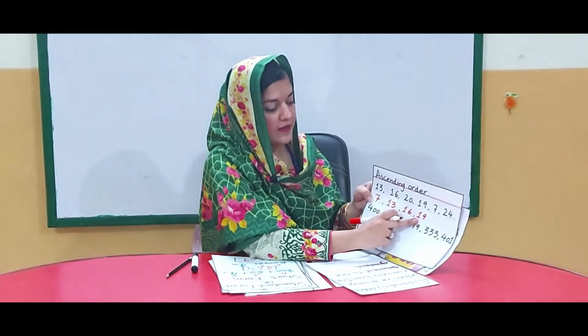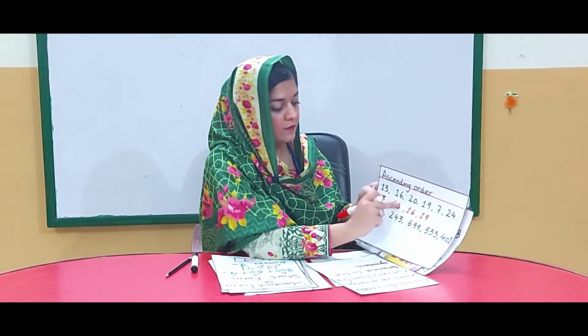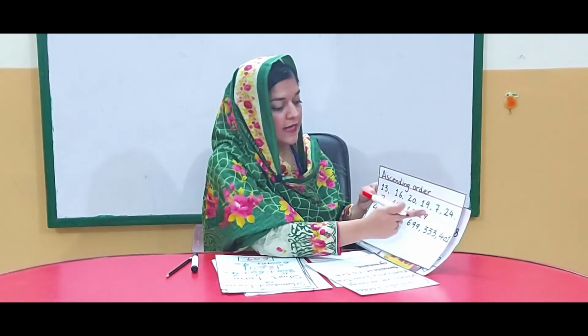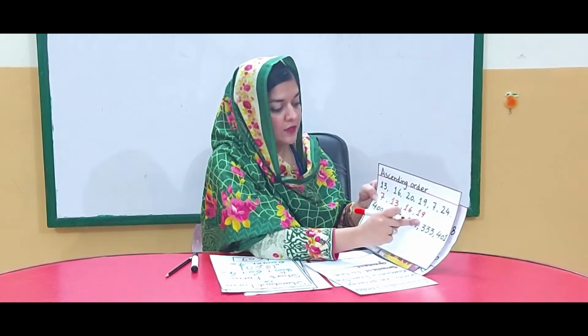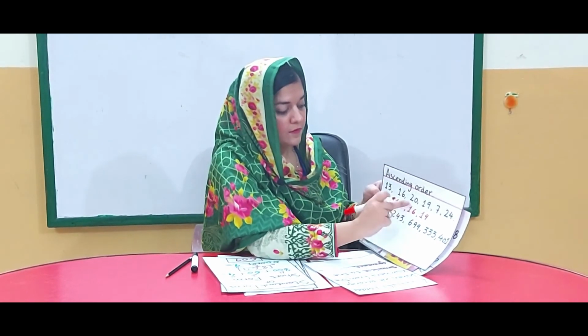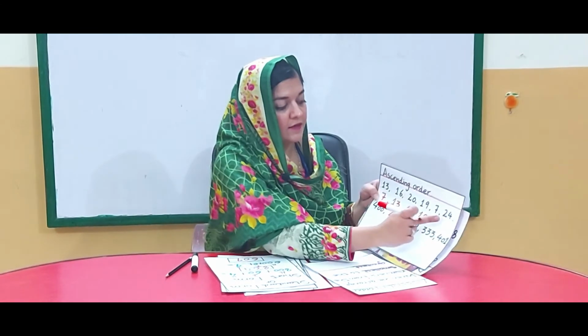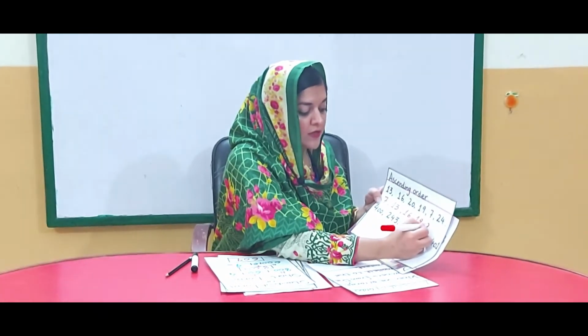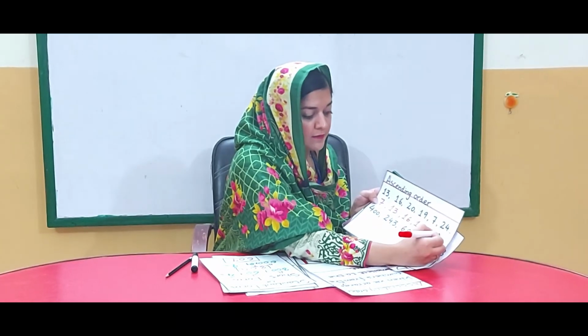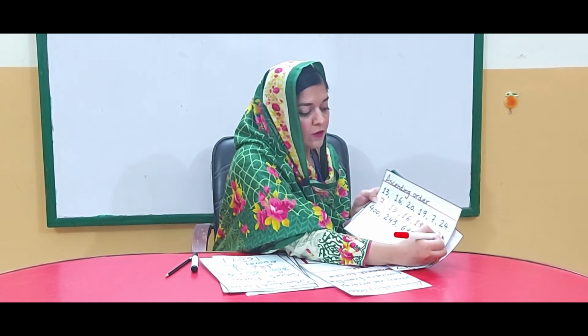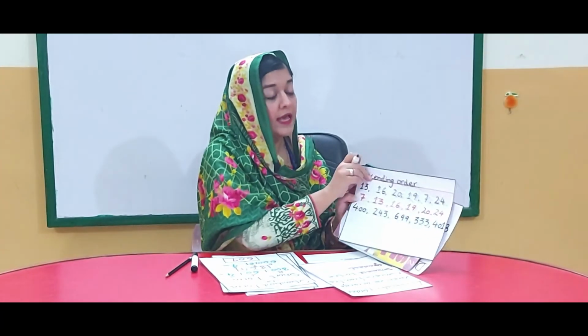And after that, 13 is already done, 7 is done, 19 is done. Then 20 comes, and after 20, 24 will come. So we will write 20, and after that 24. So which order are we doing? We are doing ascending order.